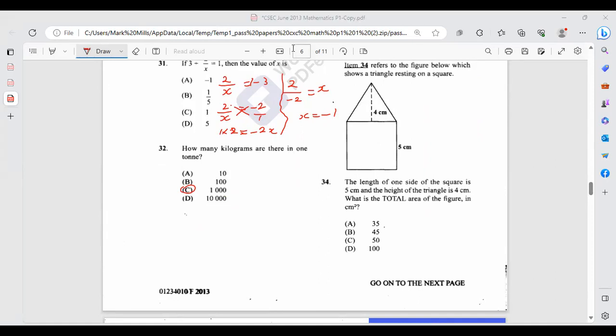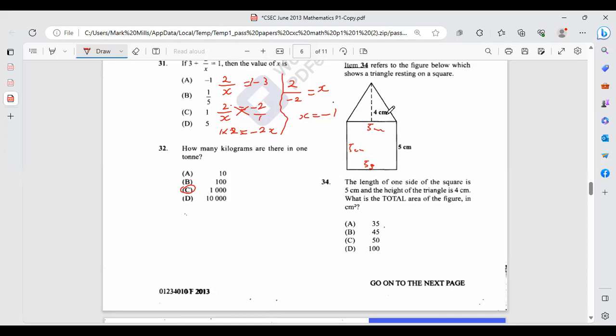What do we know about a square? All four sides have the same length. So if this side is 5, here is going to be 5 centimeters, here is going to be 5 centimeters, and I'm going to calculate the area.